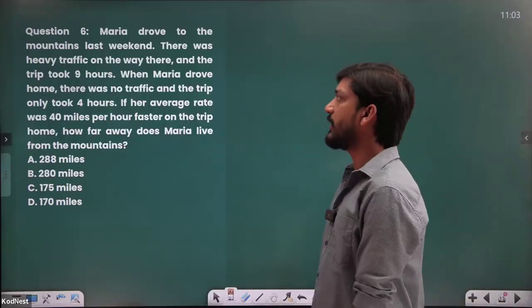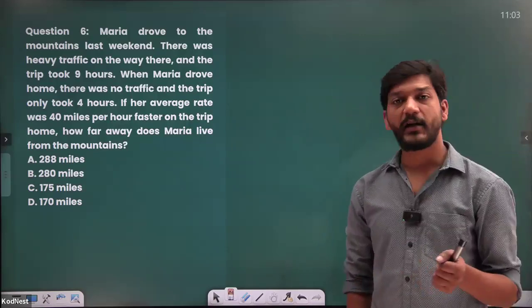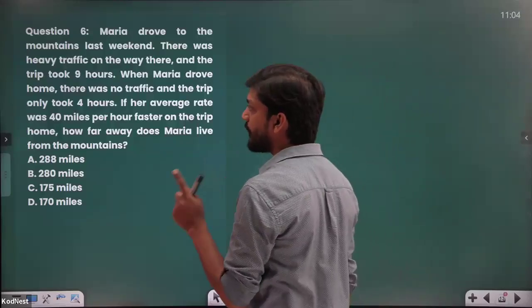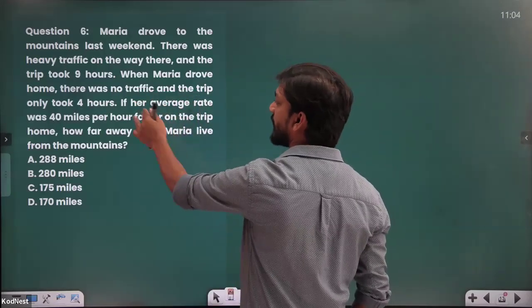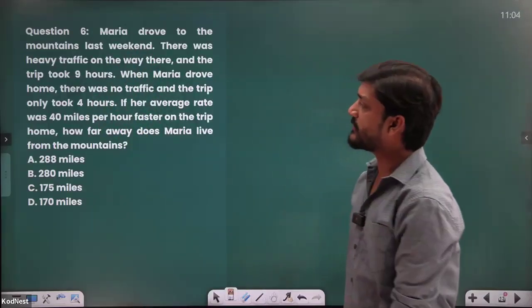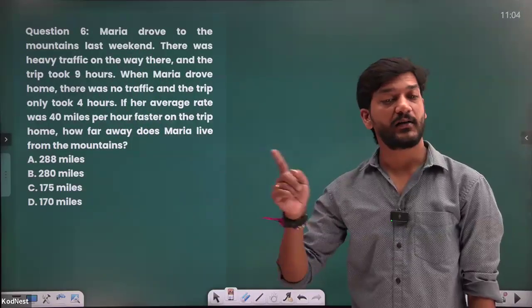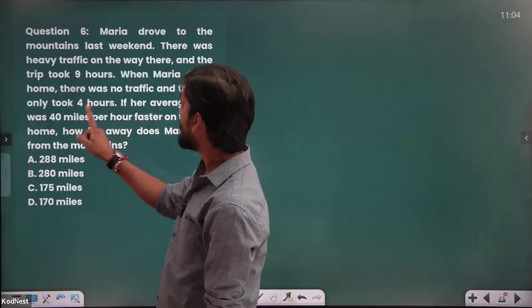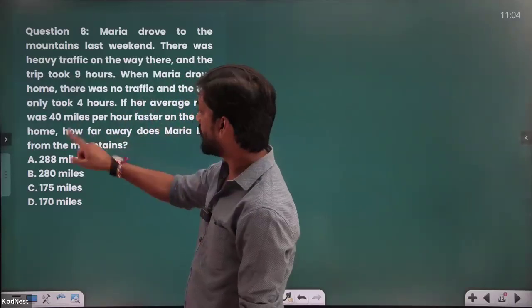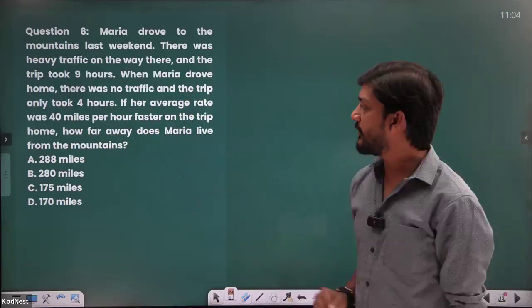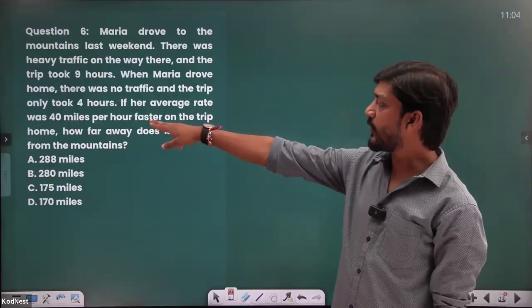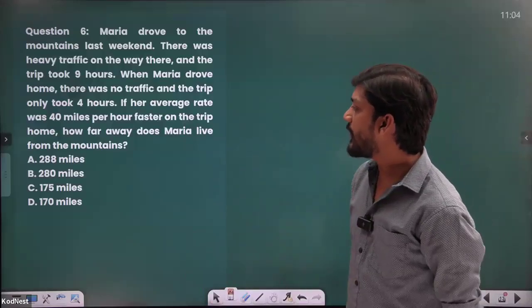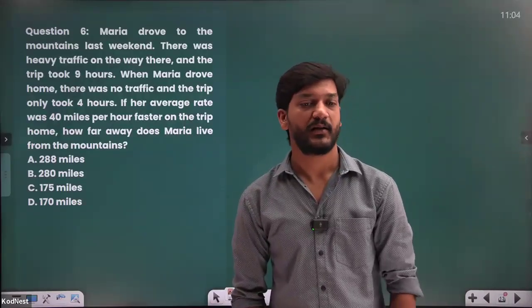There was heavy traffic on the way there, and the trip took 9 hours while going. When Maria drove back home, there was no traffic. So in that case, the speed will be more, time taken will be less. While going 9 hours, while returning 4 hours. If her average rate was 40 miles per hour faster on the trip home, meaning returning back, so while returning the speed was 40 miles faster compared to going. So how far are the mountains? That is the question.